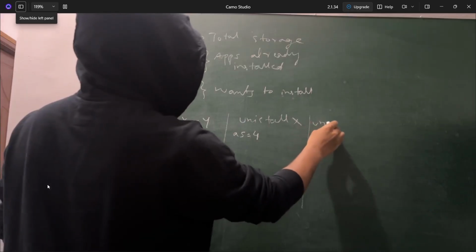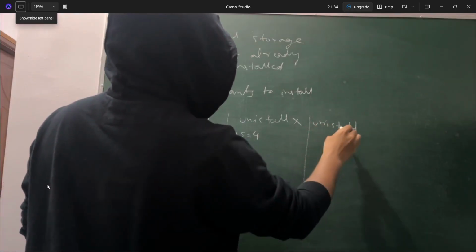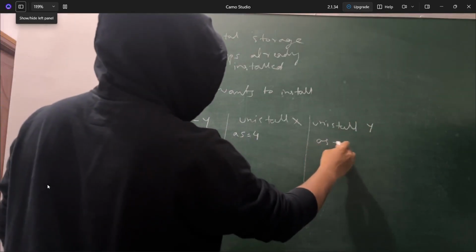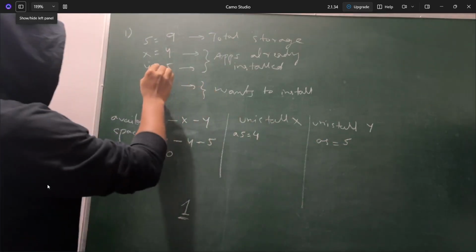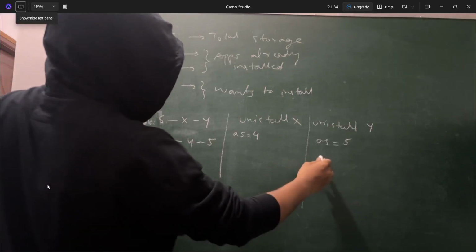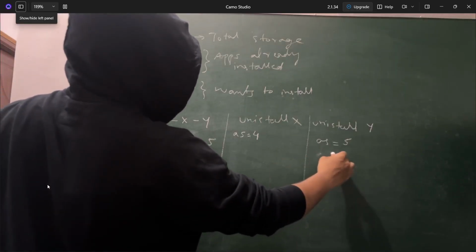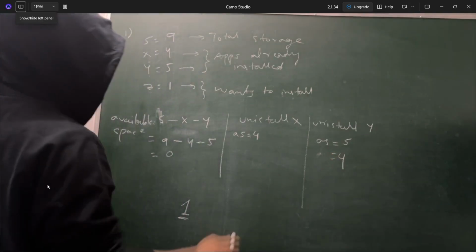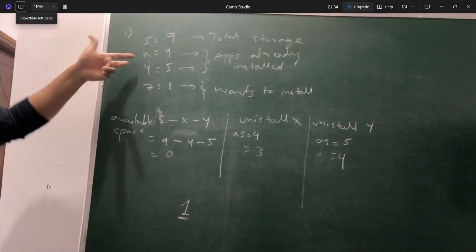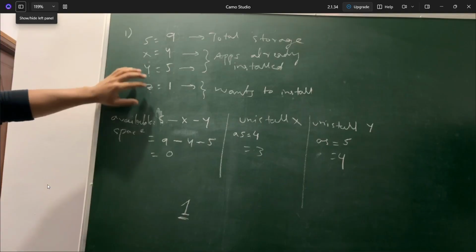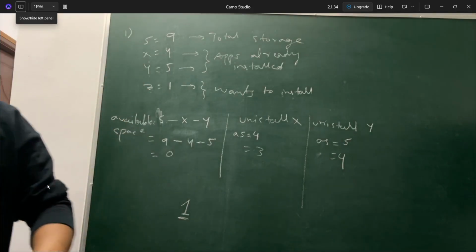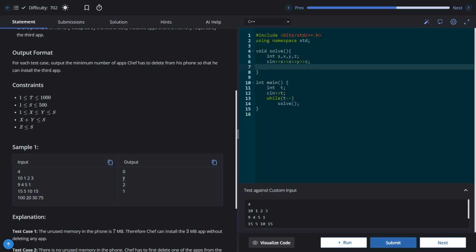He may also uninstall Y. If he uninstalls Y, the available space will be 5, and he may install the app Z. So basically if he uninstalls either X or Y, one app, he'll be able to install app Z. So in this case 1 is the answer, and that is correct.